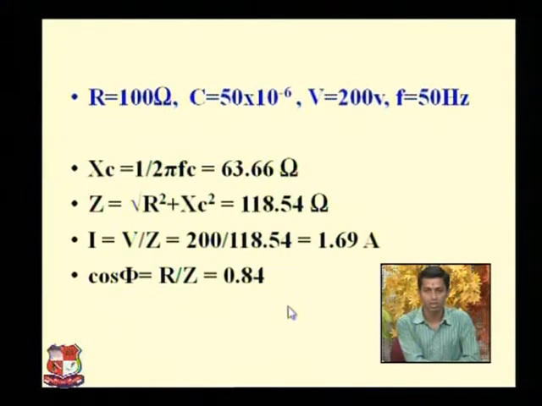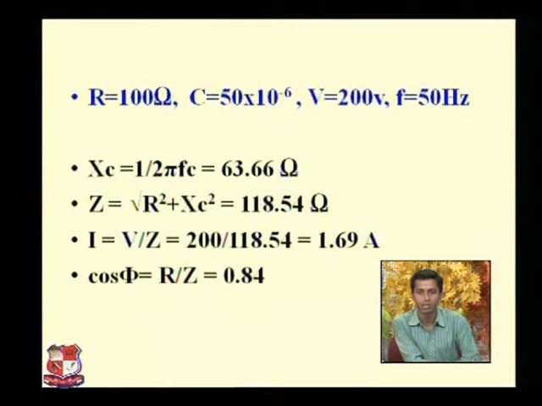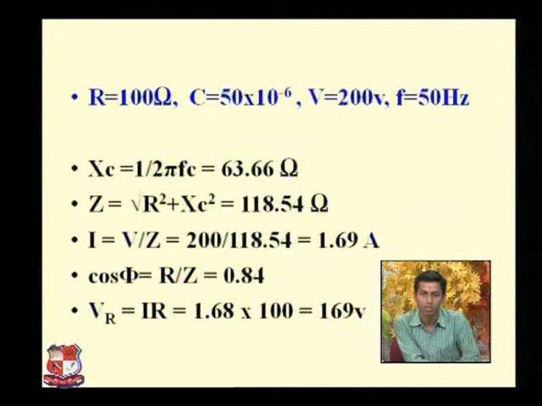Power factor is given by the equation cos phi is equal to R upon Z, where value of R is already given as 100 ohm upon Z is impedance, again 118.54. By dividing we get 0.84. Here power factor is positive, means circuit is leading, or power factor is leading.